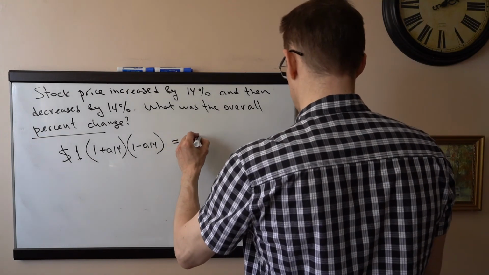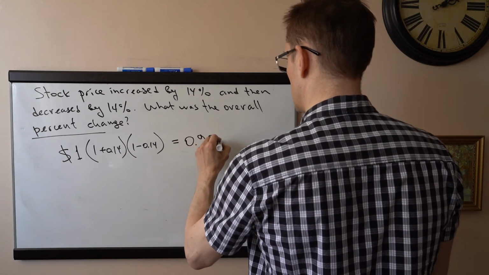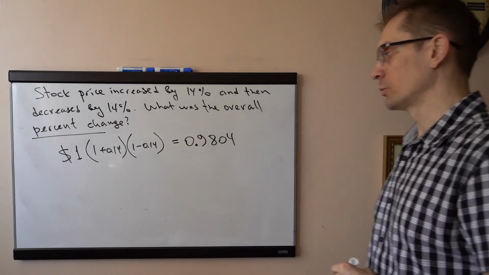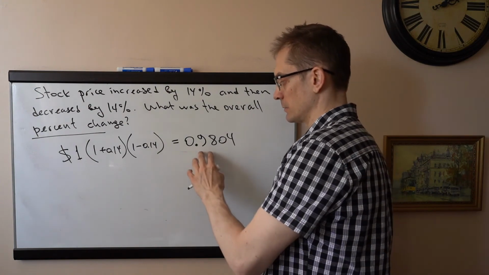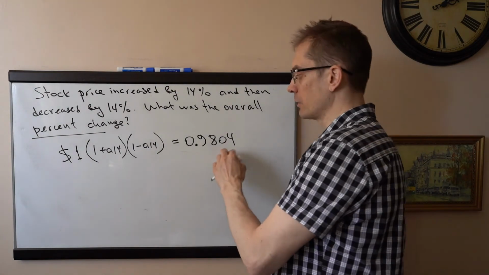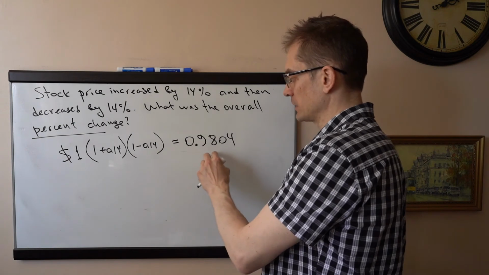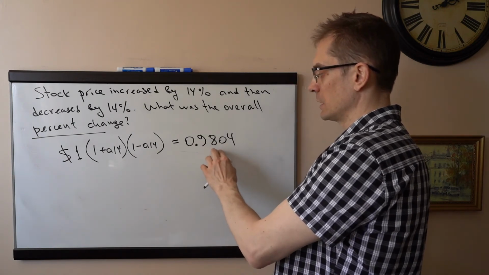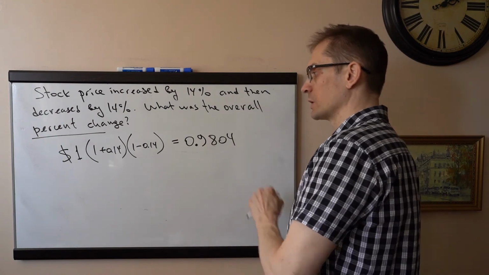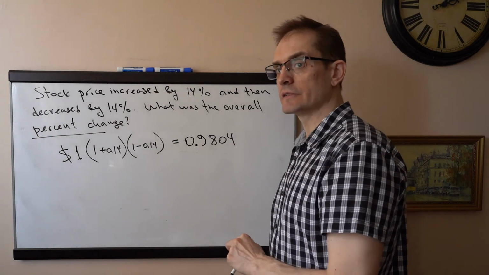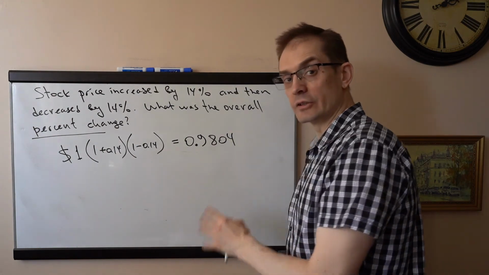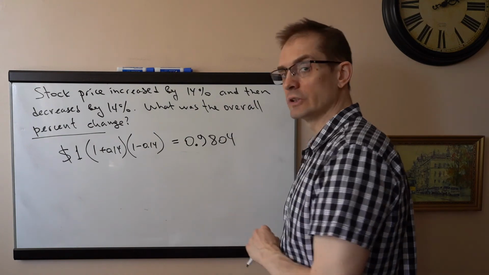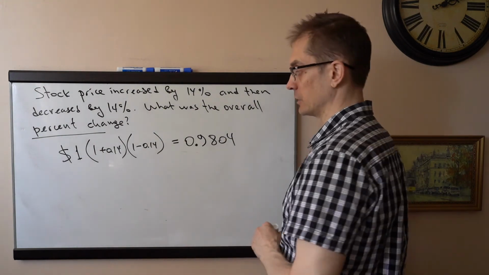So 0.9804. Right? So $1 is now $0.9804, even though you're compelled kind of to round this to 2 decimals, but we'll not do that because it's not the final answer yet, right? So we never round in the middle of the solution, okay?